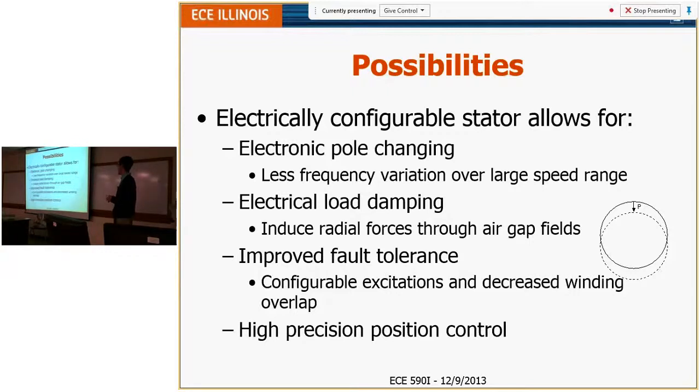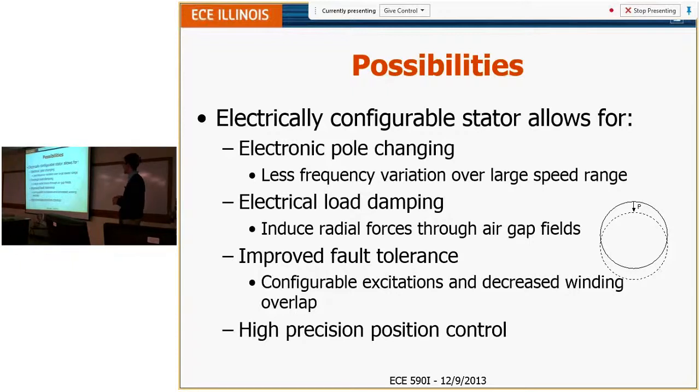But since we have better control of the air gap fields, we can induce different mechanical modes or pressures throughout the machine. An application for this is an electric vehicle. If you're changing gears, that'll put a mechanical force on the shaft of your machine, which you can hopefully balance out by changing your excitations.